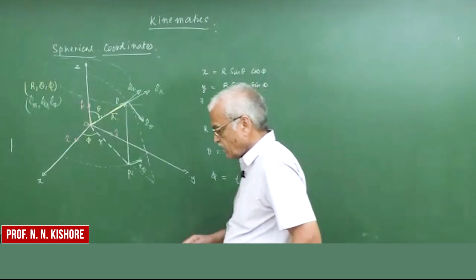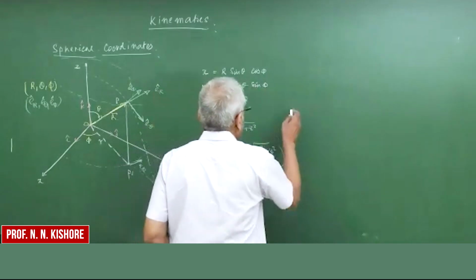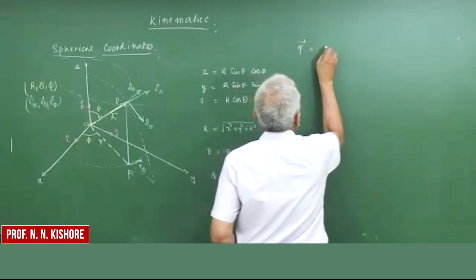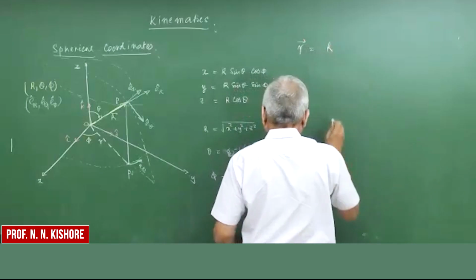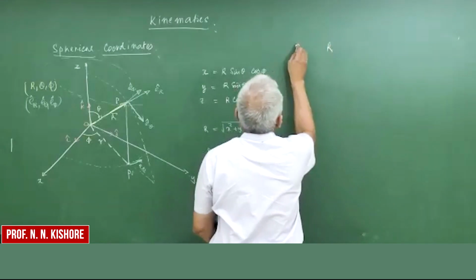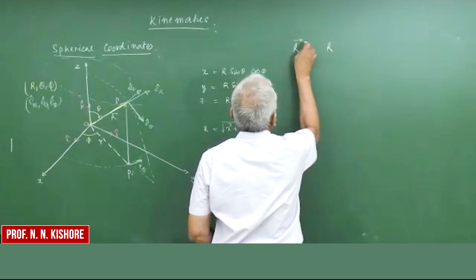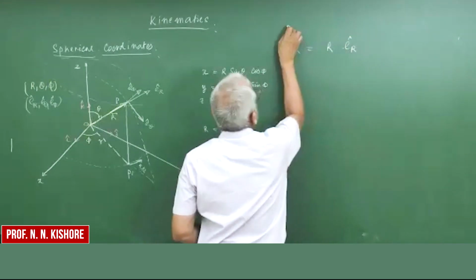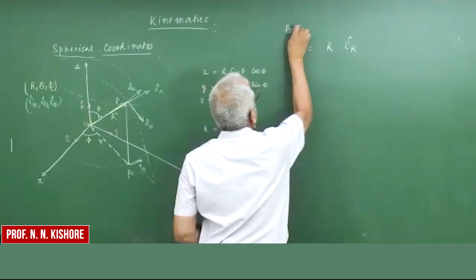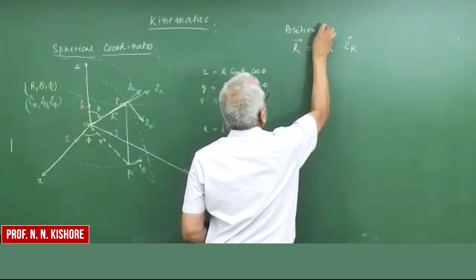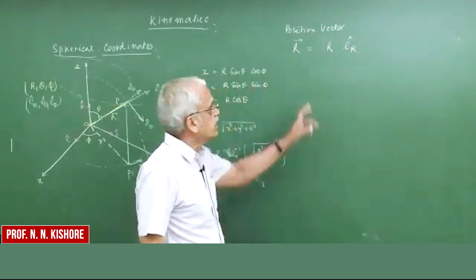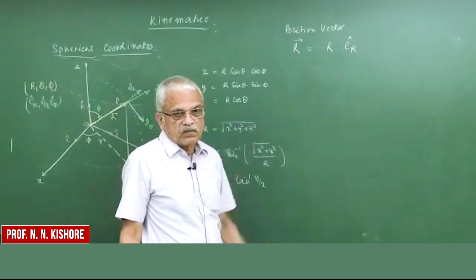So it's important for us, for example, to start with the position vector R. The position vector R is represented by this. This is the starting point which we need. So the position vector here is given in this form.